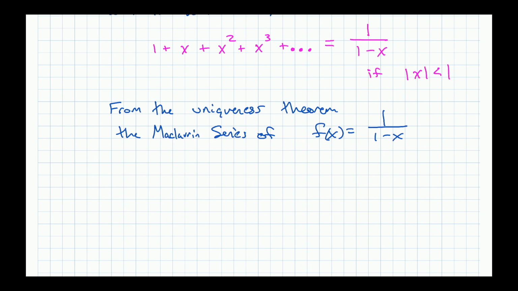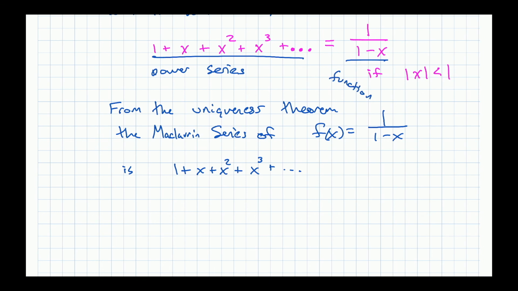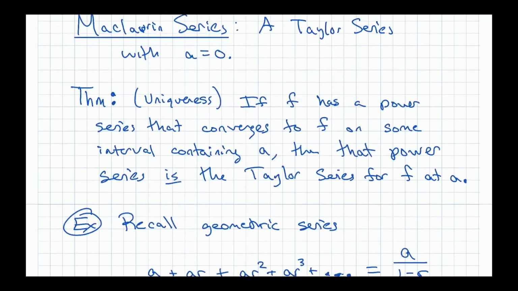The Maclaurin series of f of x equals 1 over 1 minus x is 1 plus x plus x squared plus x cubed plus dot, dot, dot. Because I have a power series equal to a function. And the uniqueness theorem says if you ever have a power series that converges to a function, then it is the Taylor series.